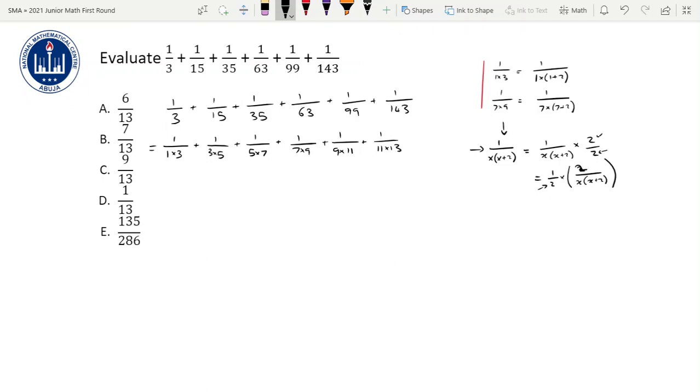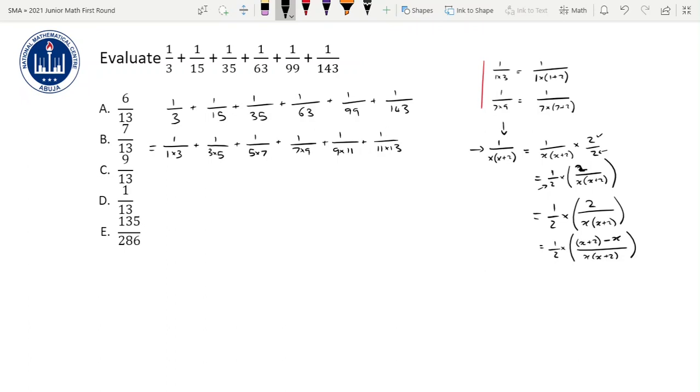Let me try this again to be clearer: 1 over 2 times, in the numerator, we write 2 as (x plus 2) minus x, divided by x times (x plus 2).